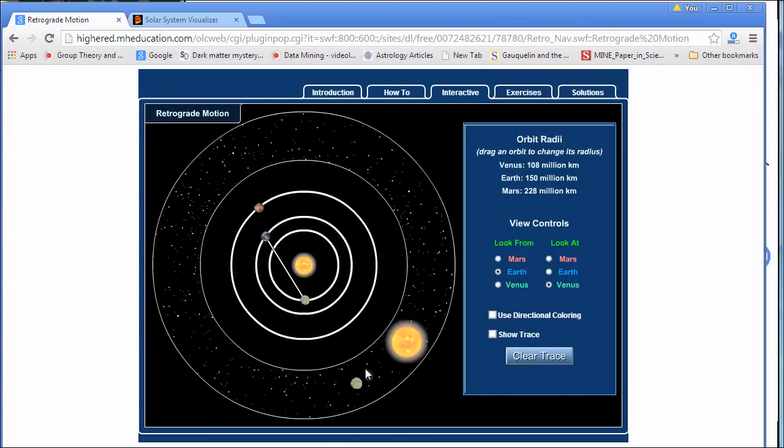When it's going fast, it's the superior conjunction. It goes fast, goes past the Sun, then very fast retrograde is the inferior conjunction. If you look closely, you can actually see this. If you watch this animation carefully, here's the Earth, here's our line of sight. We're looking at Venus, and here's where Venus appears to be against the stars.